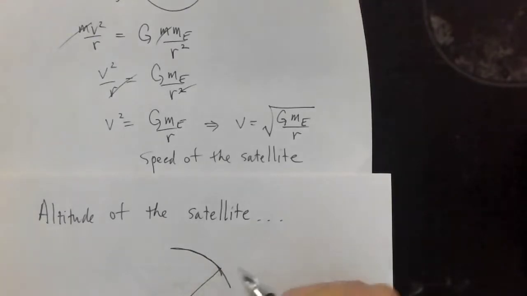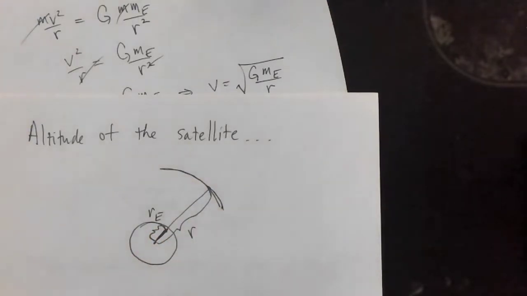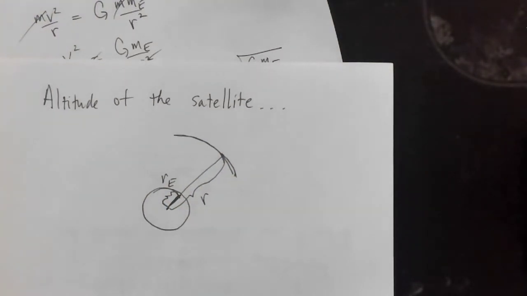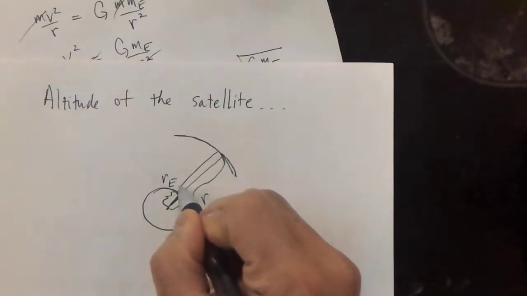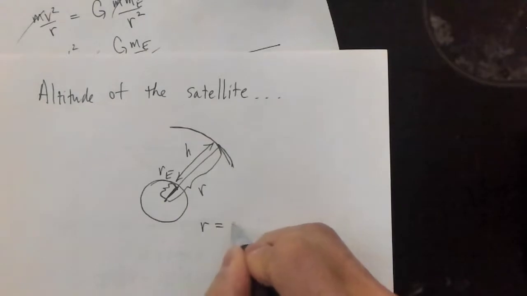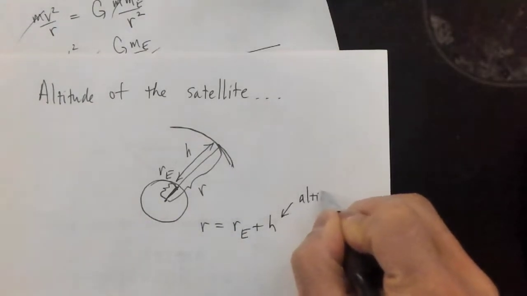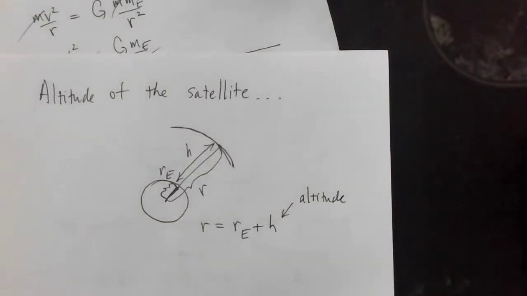All right, so this whole thing is R. And this piece here is the radius of the Earth. And then this piece is the remainder, which is called the altitude. So R is equal to the radius of the Earth plus the altitude. Hopefully that's obvious, right? It's just the extra amount you go beyond the surface of the Earth.